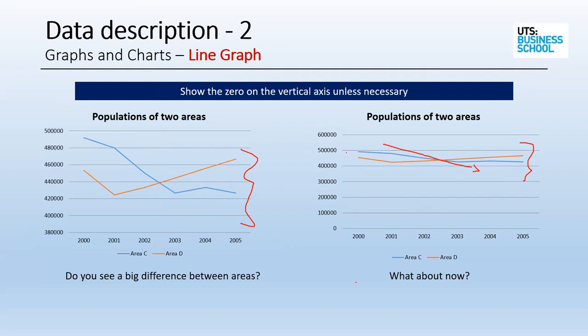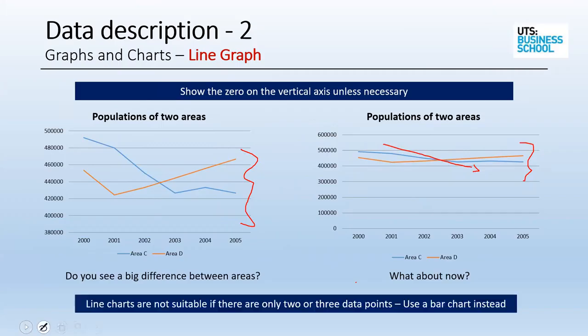So it's very important to have a zero on your vertical axis unless it is necessary. That is the key point here. Line charts are not suitable if you have very few data points. If you have just 2-3 data points, it's better to use bar graphs.